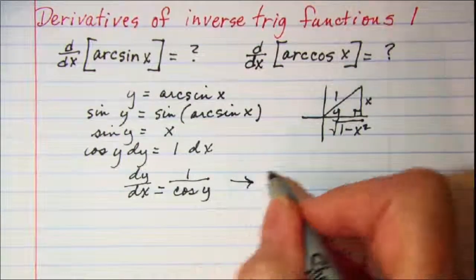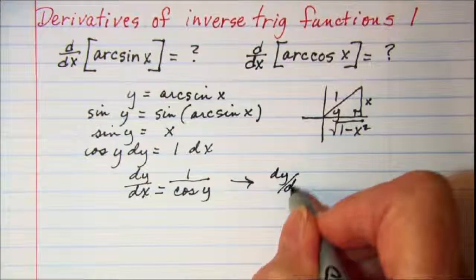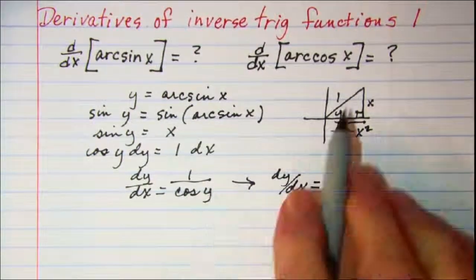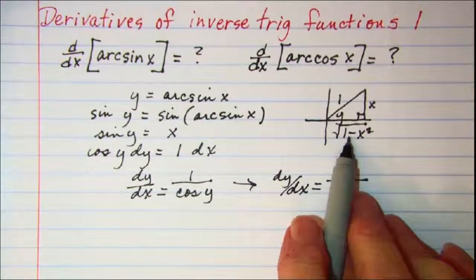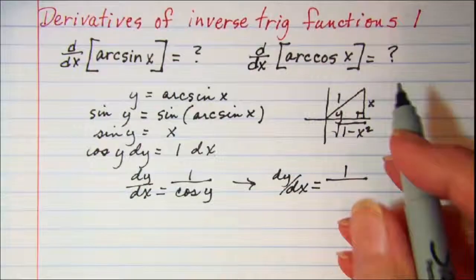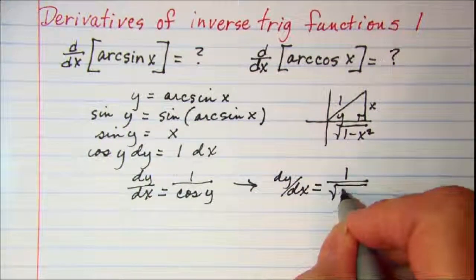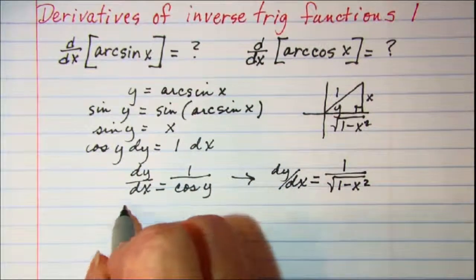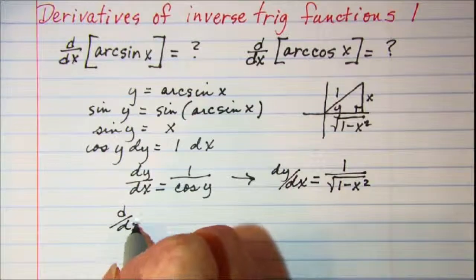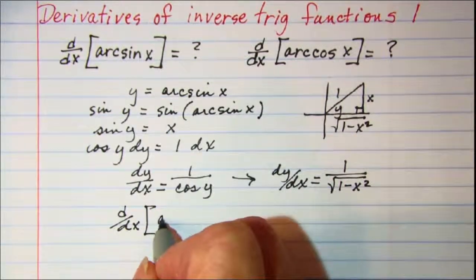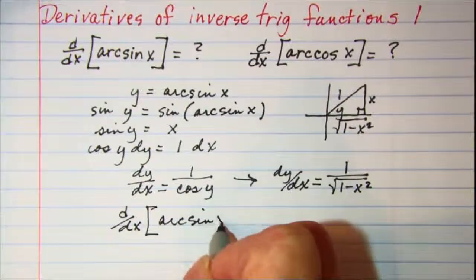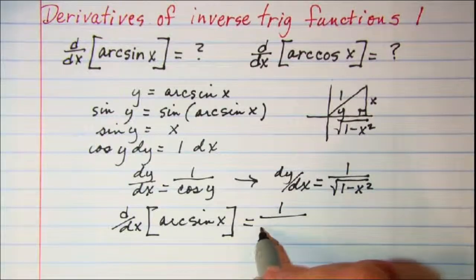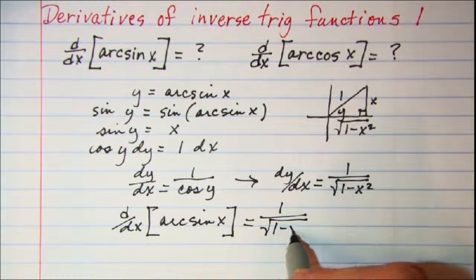So now I can see that dy dx is equal to 1 over the cosine of this angle, which is root 1 minus x squared over 1, or root 1 minus x squared. So let me just write that then as a rule. The derivative of arcsine x is 1 over root 1 minus x squared.